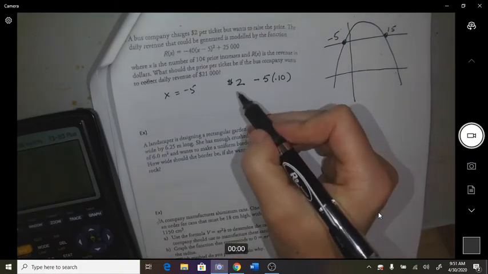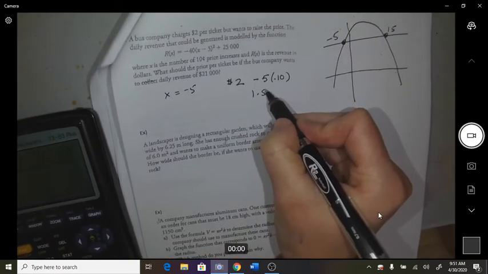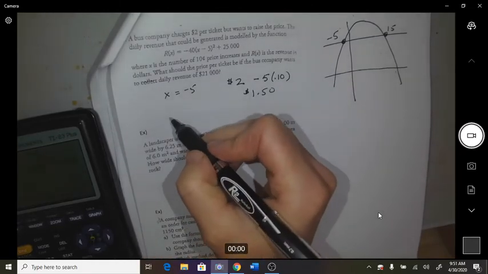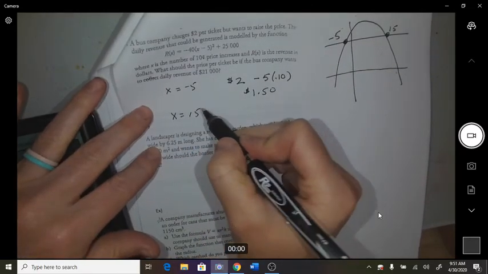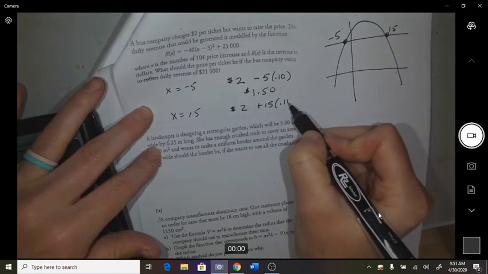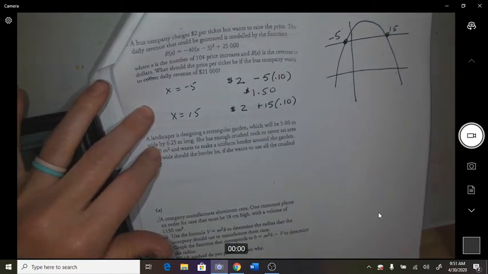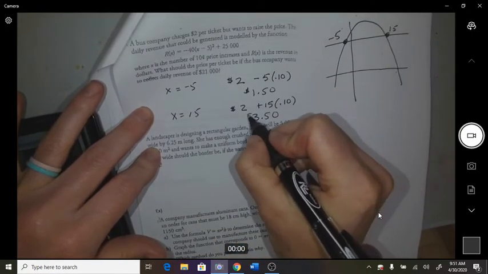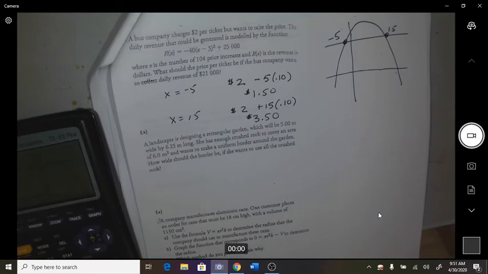Okay, so $2 minus 50 cents, so they could charge $1.50. Or if x was 15, they would start at $2 and go up 15 10-cent increments. So that's $1.50 of increase, so $3.50 they could have charged, or $1.50.